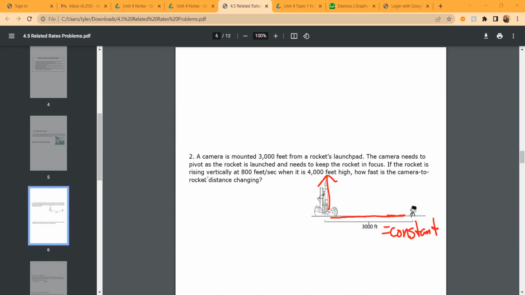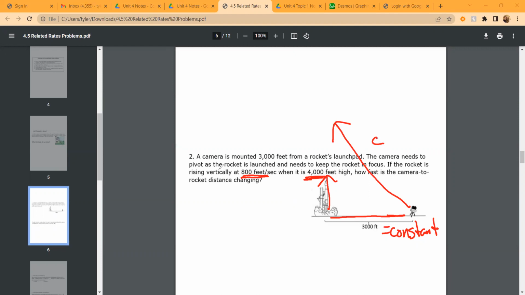The rocket is rising vertically at a rate of 800 feet per second when it's 4,000 feet high. So this is a moment in time at the 4,000 feet mark, we can apply this rate. Notice we're not applying that ahead of time. We're only applying that here. We're trying to figure out how fast is the camera to rocket distance changing.